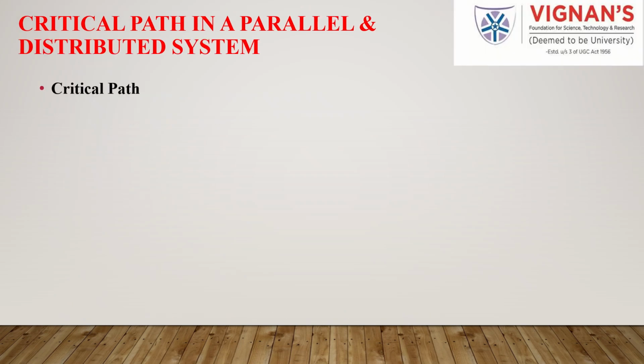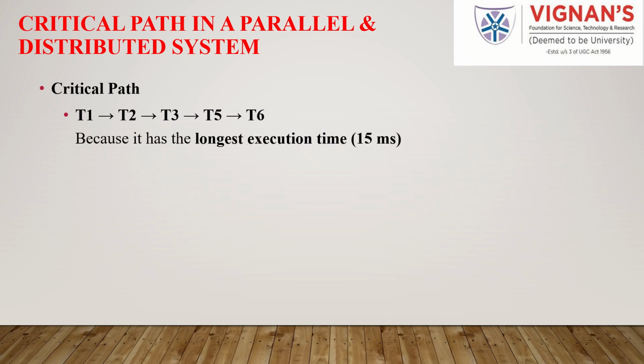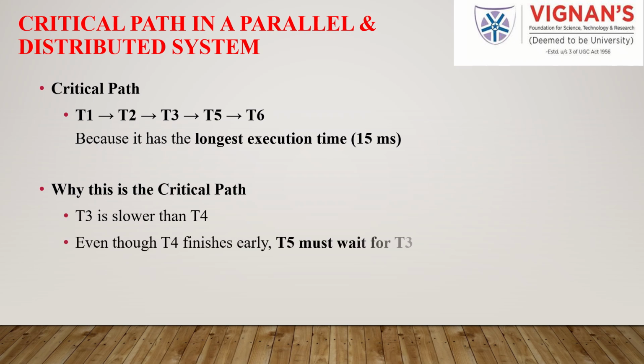The critical path in this distributed system is T1 followed by T2, then T3, next T5, and finally T6, because this sequence has the longest execution time of 15 milliseconds. This path becomes critical because task T3 is slower than task T4. Even though T4 finishes earlier, the system cannot proceed to result aggregation in T5 until T3 is completed.